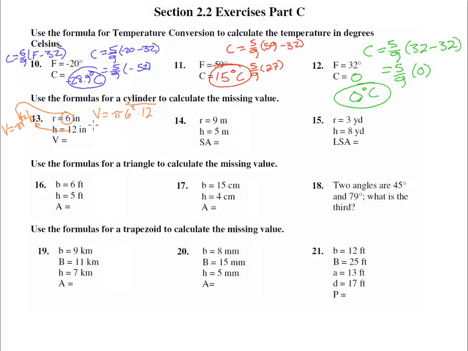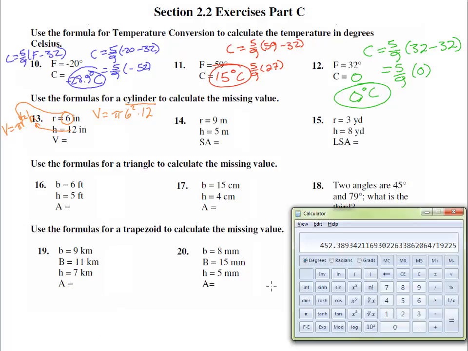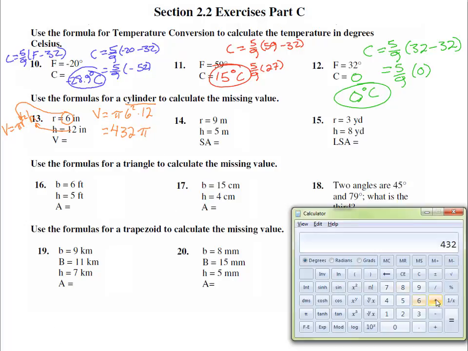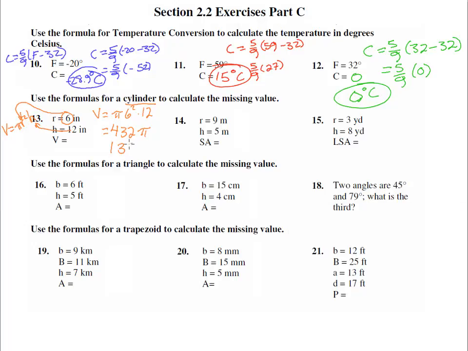Oh, that's nice. If we plug this into our calculator, 6 squared, we know that is 36. So we're going to get 36 times 12. That equals 432. So we have 432 times pi, and we can see what that is on a calculator. 432 times pi equals 1357.2.